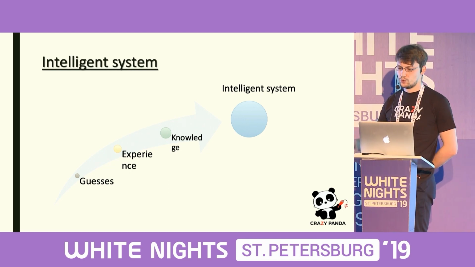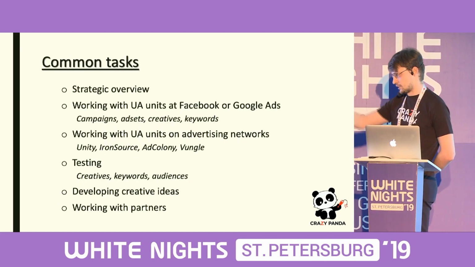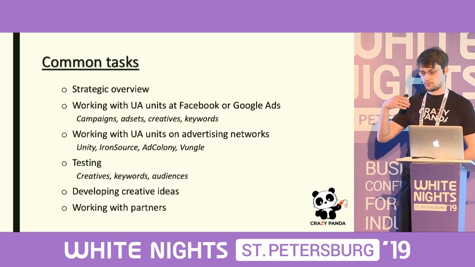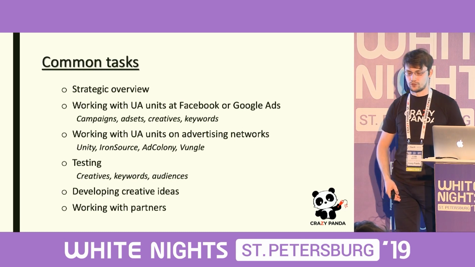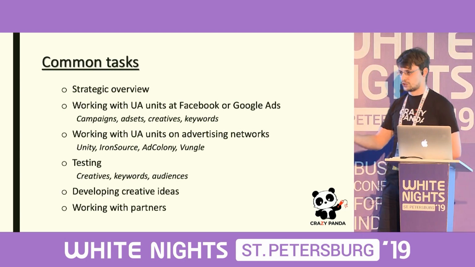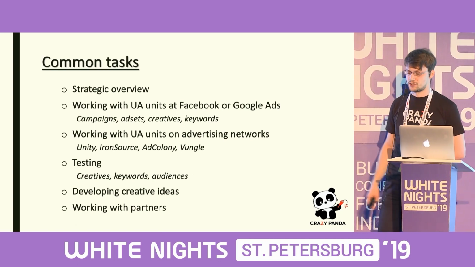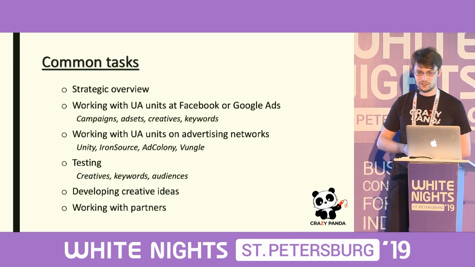So what can we do with our intelligent approach from that slide? Of course, not the last one, working with partners, I mean, making calls with the network managers, participating in conferences. You see, in Panda, we've done the thing, so I'm just staying here and waving my hands and the system tells you about everything.